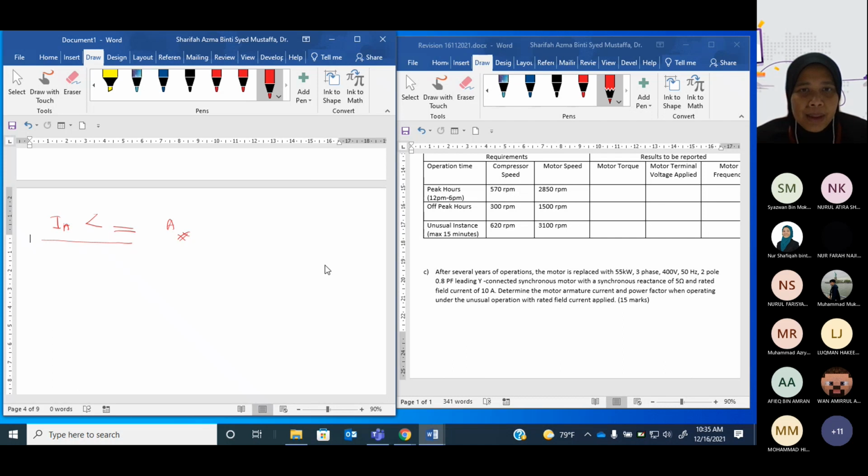Ingat lagi tak? Macam mana synchronous motor punya equivalent circuit per phase? You ada RA, you ada XS. Okay, so you have IA here. And this is B phase. EA. So what's equation you want to use in order to find your IA?